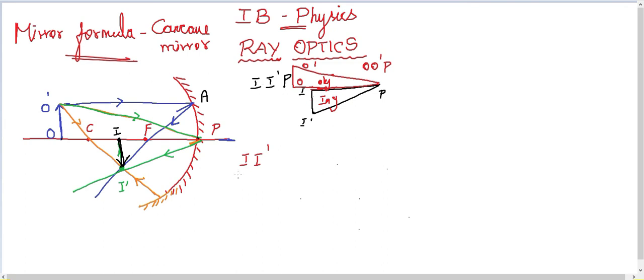So the opposite side of the image I have written, and the opposite side of the object is here O dash, which will be equal to the adjacent side of the image divided by the adjacent side of the object. So here the adjacent side is IP, divided by the adjacent side of the object, here it is OP.